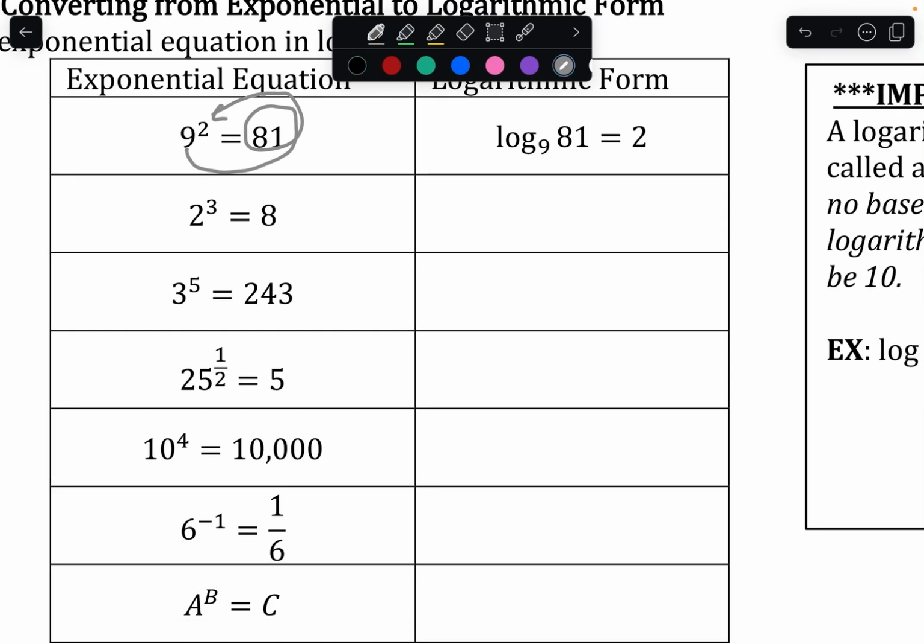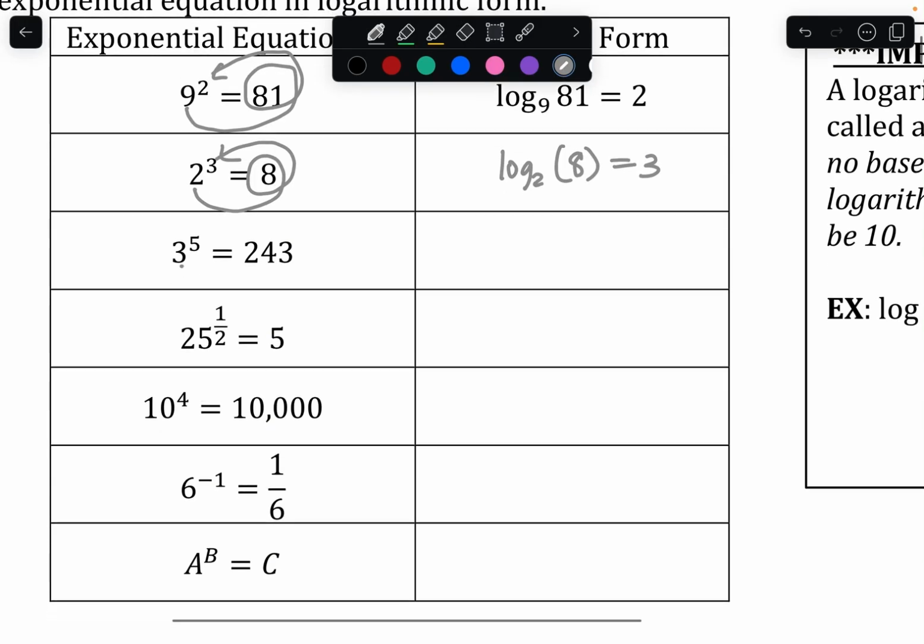Okay, so for this next one, it's log base 2 of 8 equals 3. This next one, it's log base 3 of 243 equals 5.